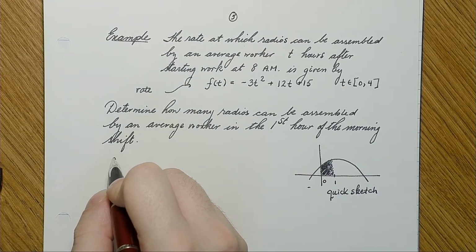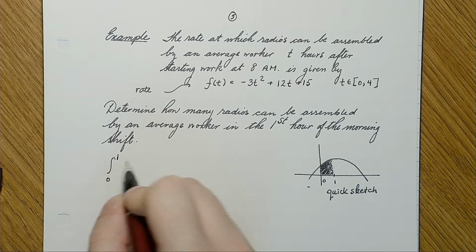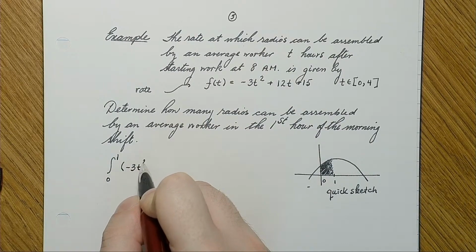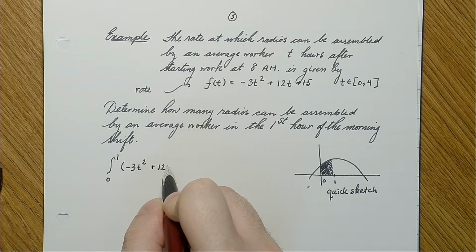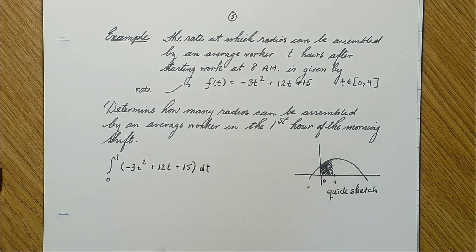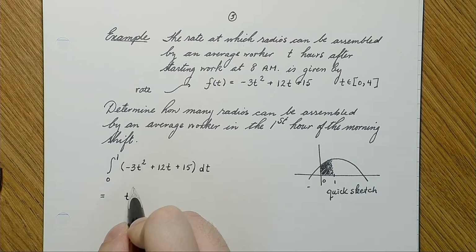So if we integrate that, it'll be from 0 to 1. We take the rate and integrate it, dt. If we integrate this, I get t, this goes up a degree, and in the denominator it's 3 as well.